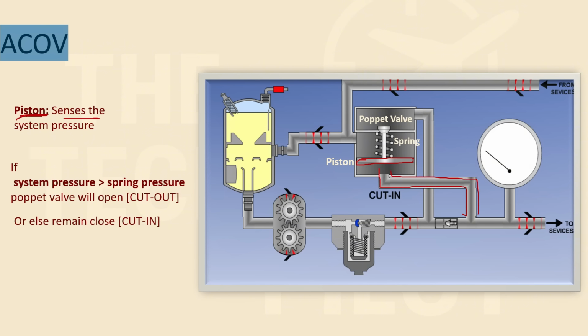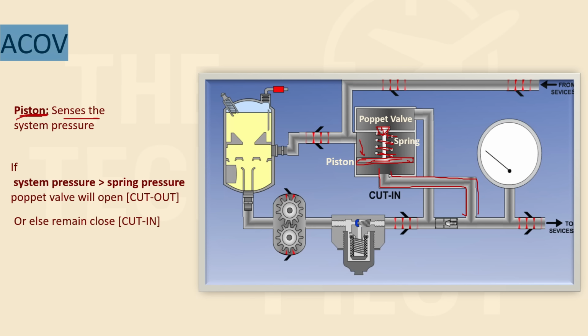So this pipeline will sense whatever pressure is being felt in the whole system, right? And there is this spring here and a poppet valve. These three components form an ACOV. There is this piston which senses the system pressure, and this spring which is constantly pushing the piston downwards, and there is this poppet valve.